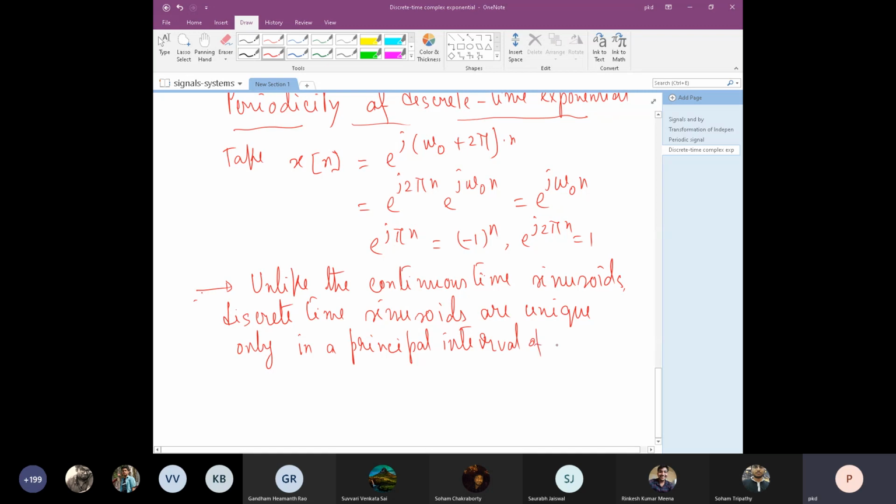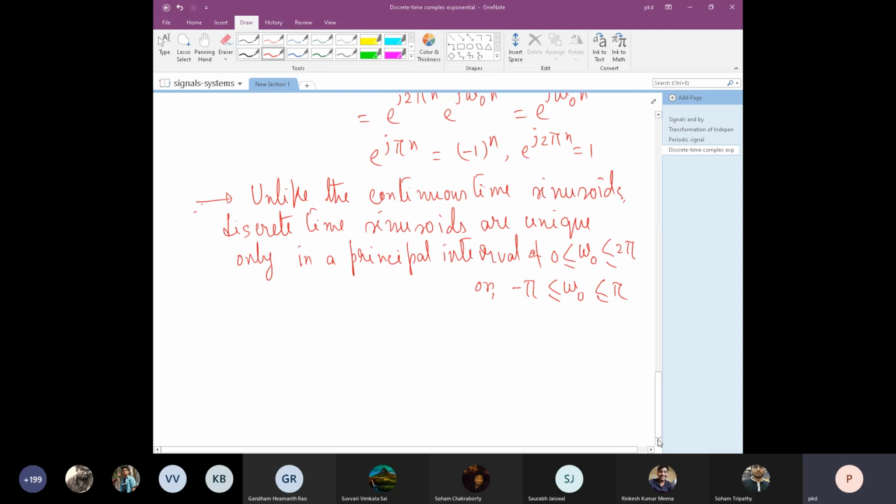Interval of, say, 0 less than or equal to omega naught less than or equal to twice pi. So the moment omega naught crosses twice pi, it repeats. Or we can also write both sides in a symmetric fashion, minus pi less than or equal to omega naught less than or equal to pi.